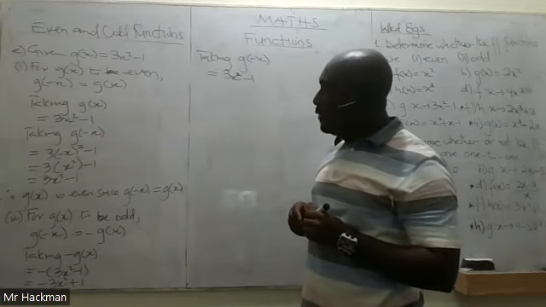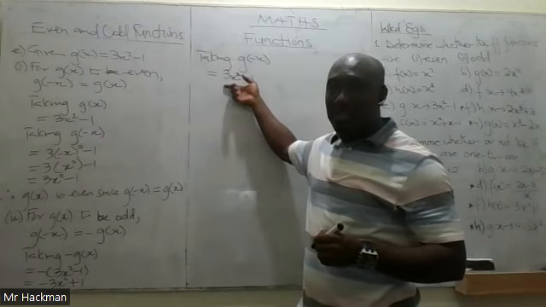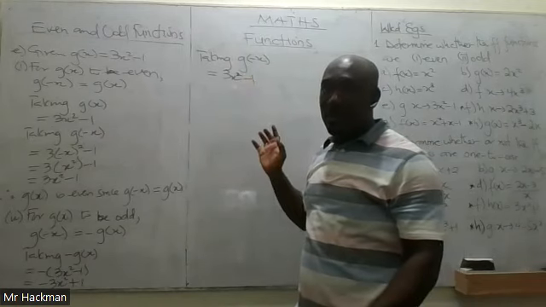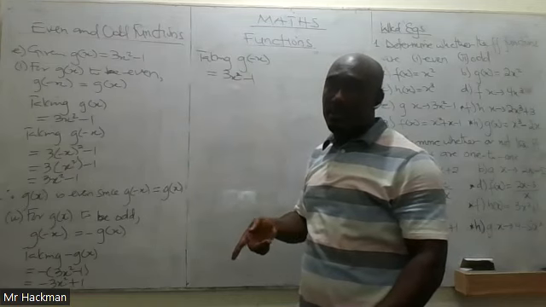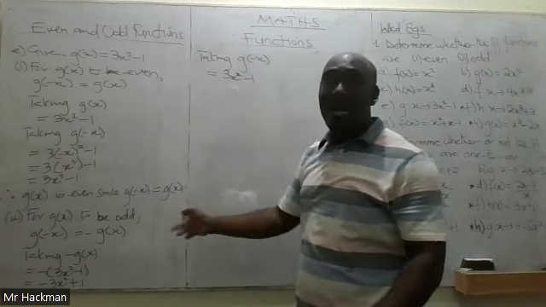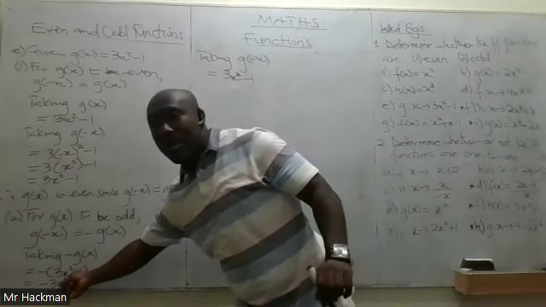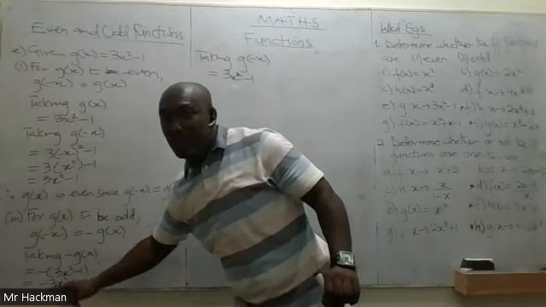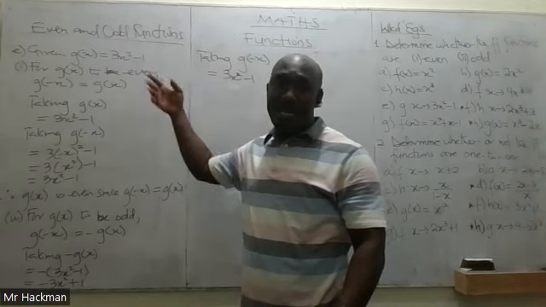At this point, if you compare, all the first terms are not the same. For two expressions to be the same, they should have, first of all, the same number of terms and the same terms. They have the same number of terms, but they don't have the same terms. The first term here is 3x squared. The first term here is minus 3x squared. So once one term is not the same, don't even go and look at the other term.